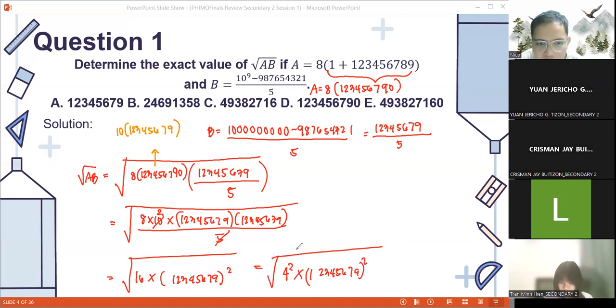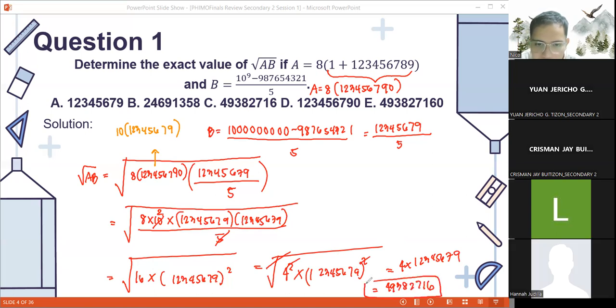Getting the square root of squares, you just remove the square, so it becomes 4 times 123,456,789. So the final answer here is 493,827,156. So that is letter C.